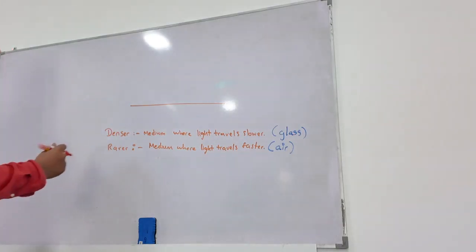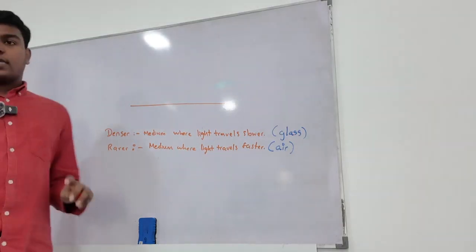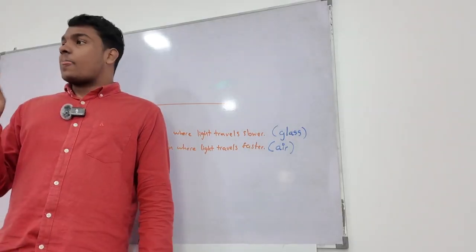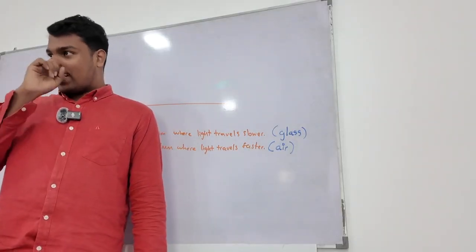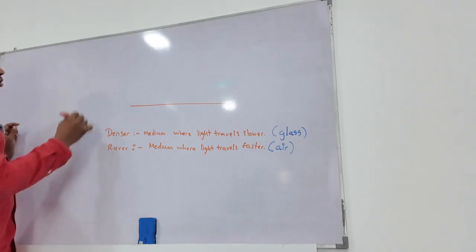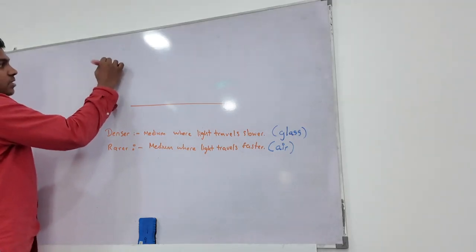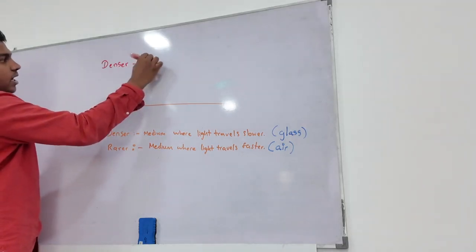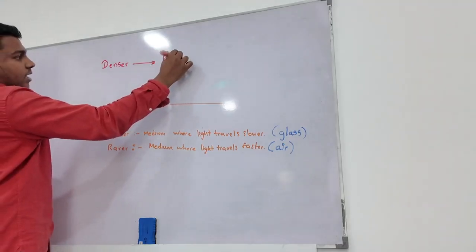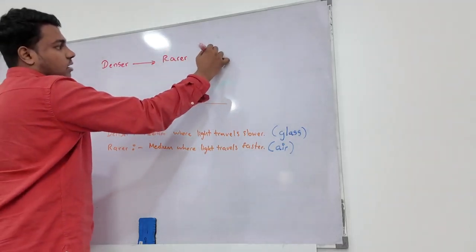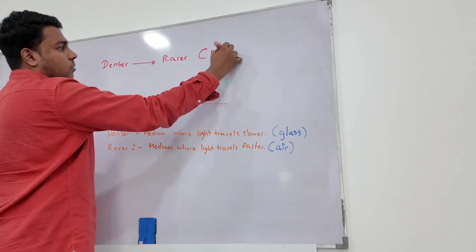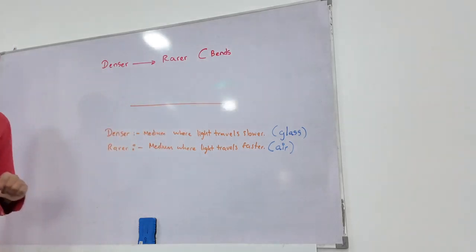Then guys, you have to understand the theory part. You have to recall the theory part I told you. I asked you only to remember what happens when the light ray travels from denser to rarer. Denser to rarer, what happens? Bends towards the normal or away from the normal? Denser to rarer, water to air.